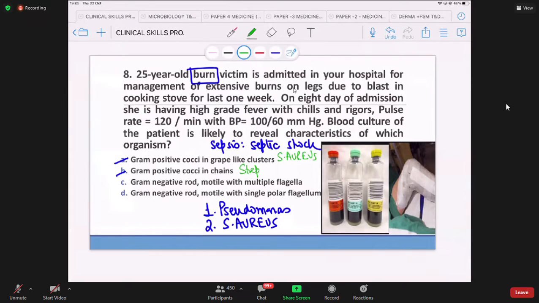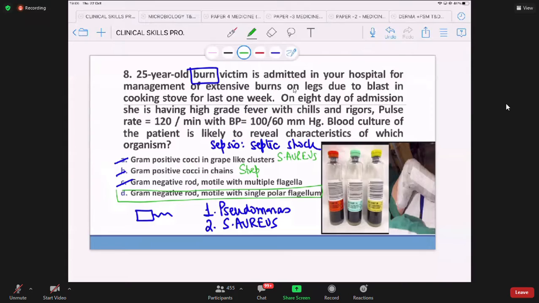If you look at C and D, that's where the answer is, right? Gram-negative rod, you all know, and Pseudomonas is a motile bacteria. Now this motile bacteria would be having a single polar flagellum. You are ruling out option C. The correct answer to this question is option D, gram-negative rod, motile with a single polar flagellum. And that's a piece of cake, guys, because septic shock always will be having Pseudomonas.